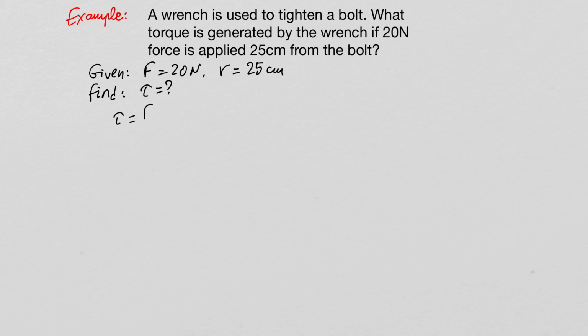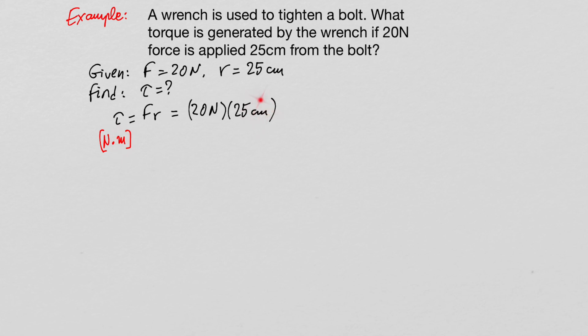So torque by definition is the product of force and distance to the axis of rotation from where the force was applied. So that would be 20 newtons times 25 centimeters. However, keep in mind that the units for torque were Newton meters, which then tells us that the force must be in newtons and the distance, or the torque arm, must be in meters.